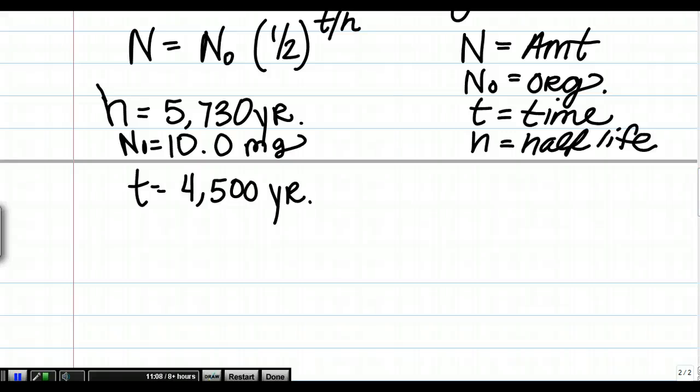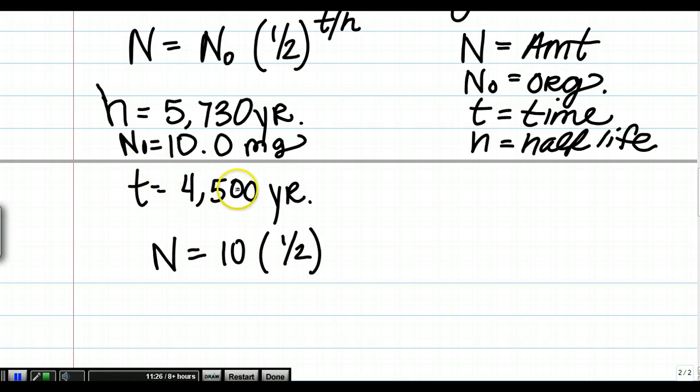So, we are going to plug in what we know. We don't know how much will remain, but we know that our original was 10. We have our 1/2. Our time was 4,500 years, and our half-life was 5,730 years.